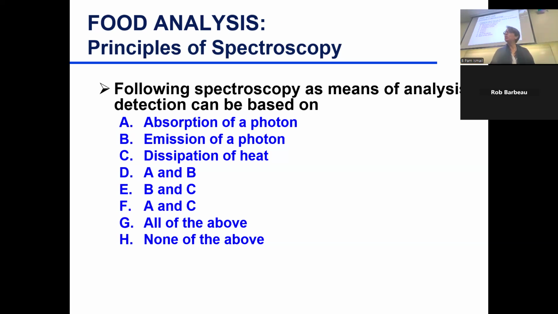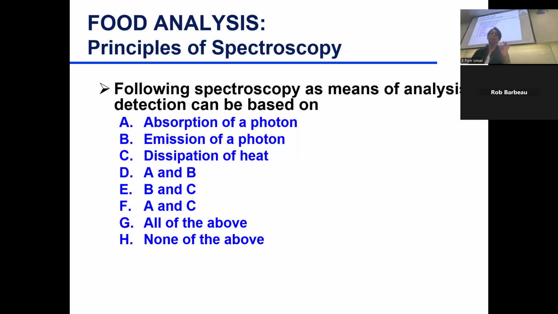What about dissipation of heat? So let's try to remember something. Do you remember ground state and excited state? When an atom or a molecule gets to an excited state, it has to go back to ground state. It can't stay in the excited state. Is there dissipation of heat when it goes down from excited state to ground?